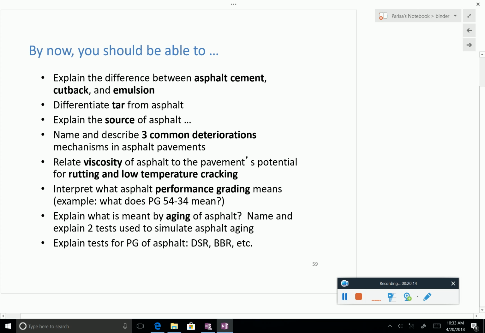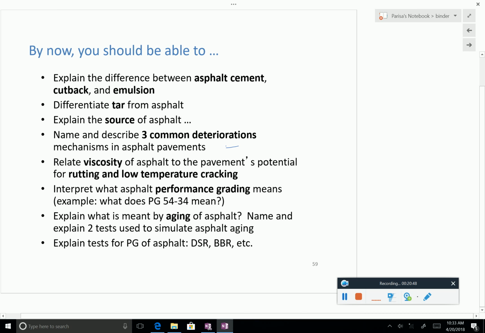So this is a summary that, especially for Monday, for example, when you want to review, make sure that you could answer, you remember what asphalt binder is, emulsion, last time we talked about cutback, deterioration processes, what's the difference between tar and asphalt, and then the things we talked about today also, the viscosity, how it changes with aging, how they are related to these deterioration processes.